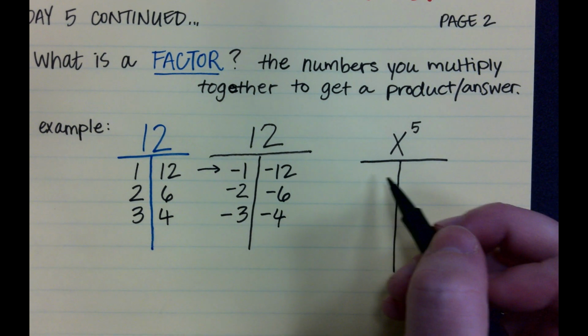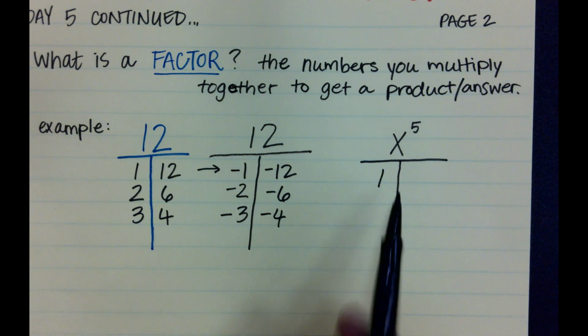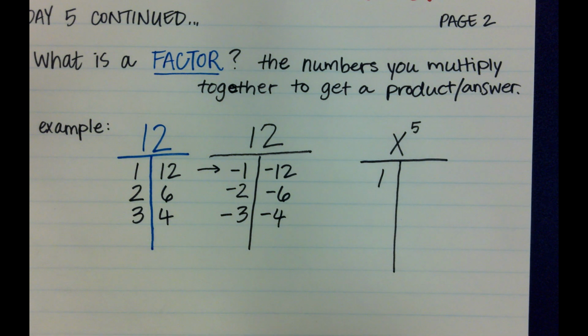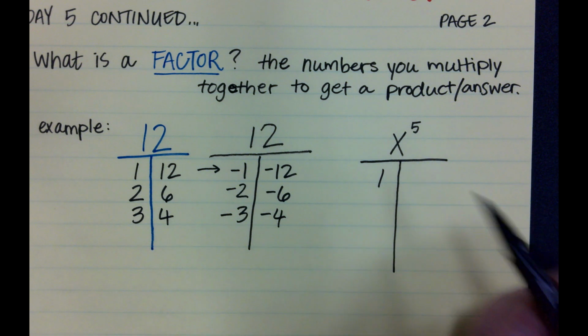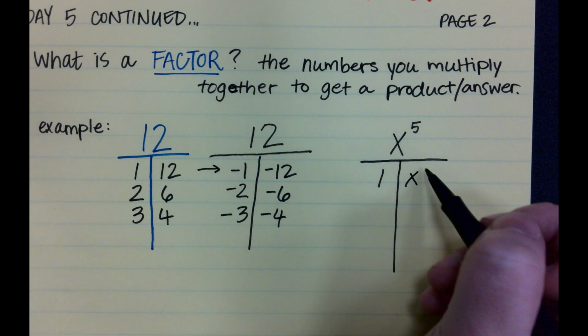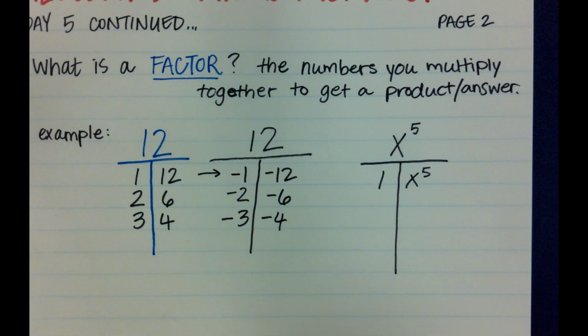We can start with 1. 1 times x to the 5th power gives me x to the 5th power. Anything times 1 is itself. So 1 is always a factor, always.